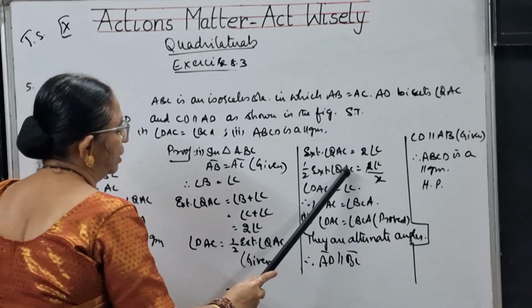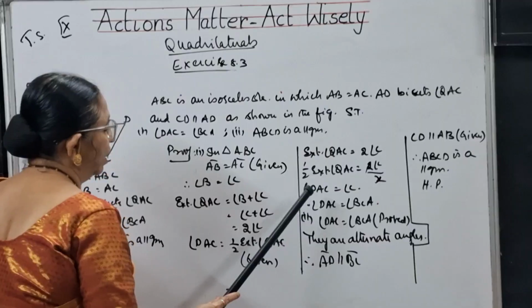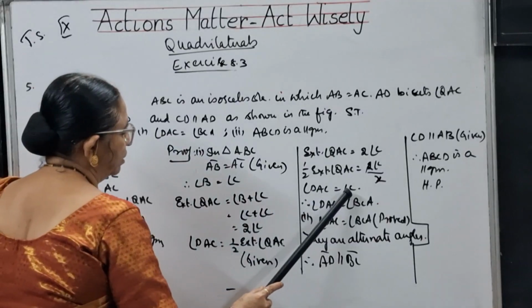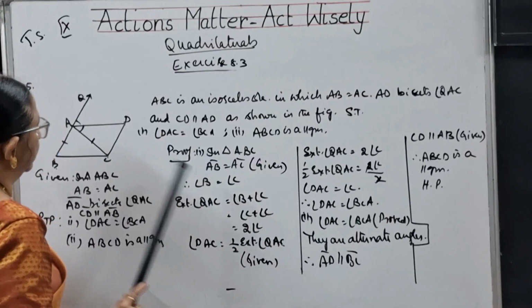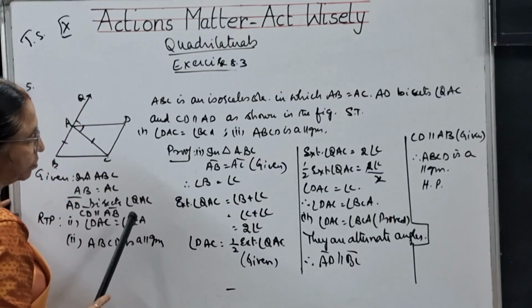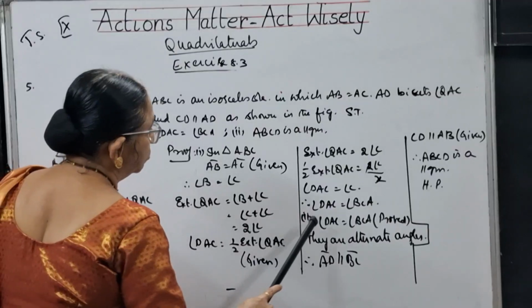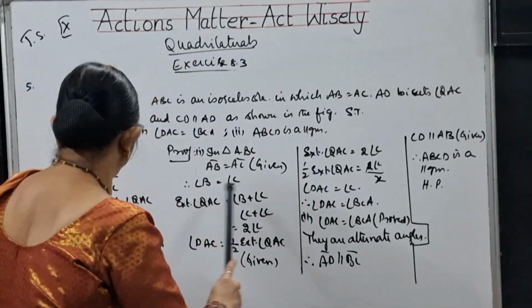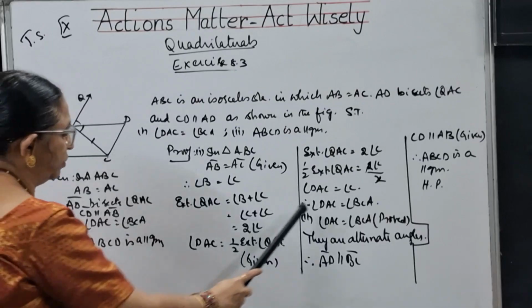So half of exterior angle QAC is angle C. So angle DAC is equal to angle C. Angle C means angle BCA. This is what they have asked. Now the first bit we have proved.